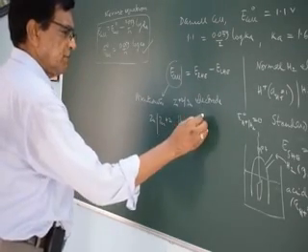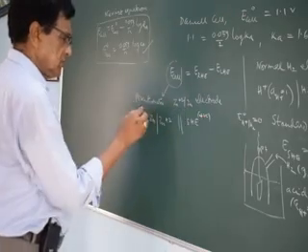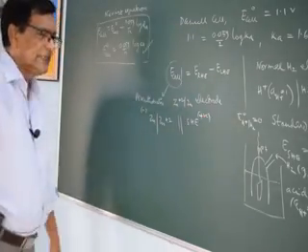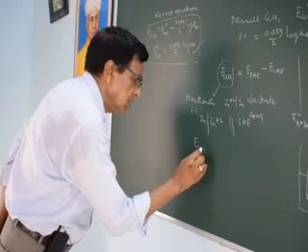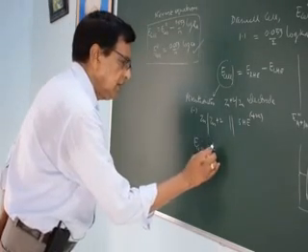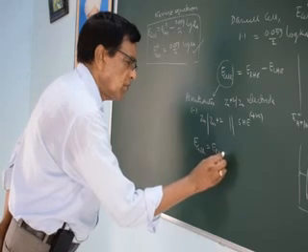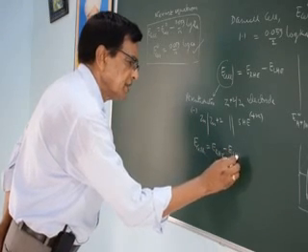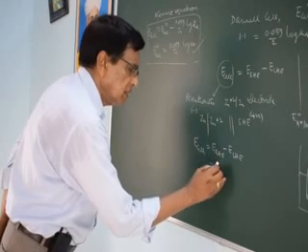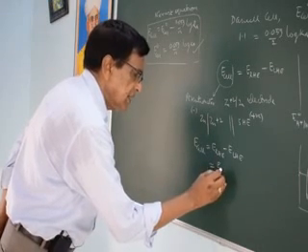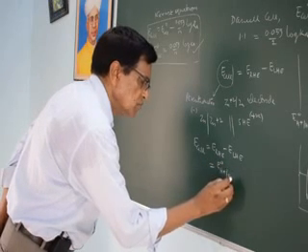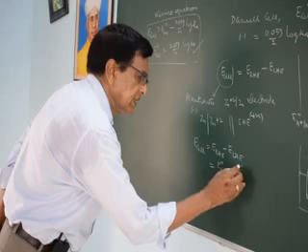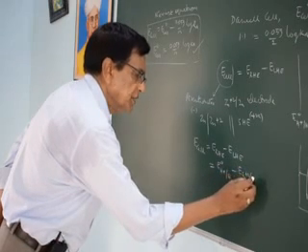This is the positive electrode and this was the negative electrode. Zinc is more electropositive than hydrogen gas, and so E cell equals E of the right hand side electrode minus E of the left hand side electrode, equal to E of the standard hydrogen electrode, H plus oblique H2, minus E zinc plus 2 oblique zinc.